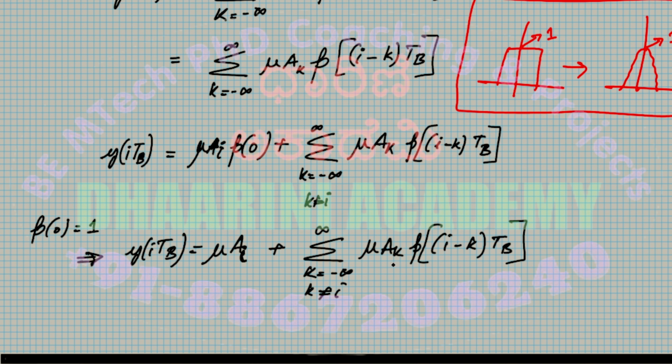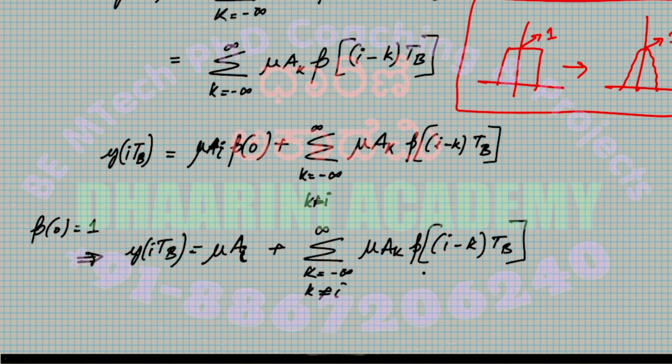What is the second term? It says that it is mu into ak into a pulse function, where k varies from minus infinity to plus infinity. Now you see, for receiving the ith symbol, you actually add up all the symbols from minus infinity to plus infinity. Correct?